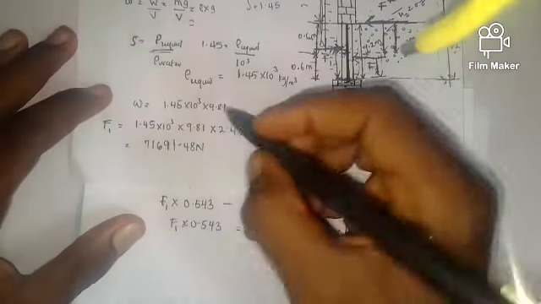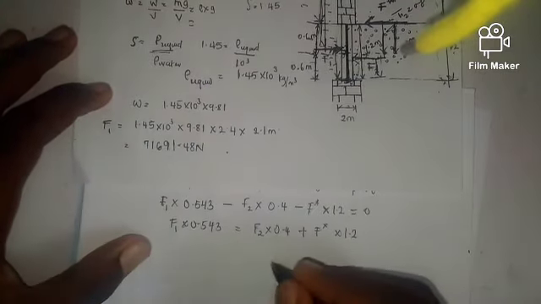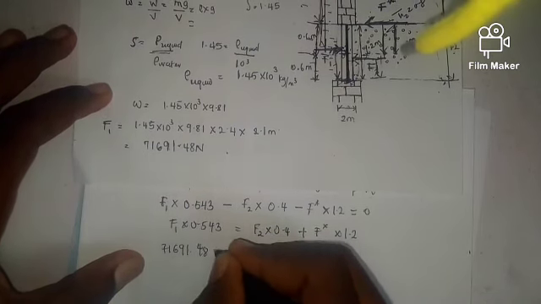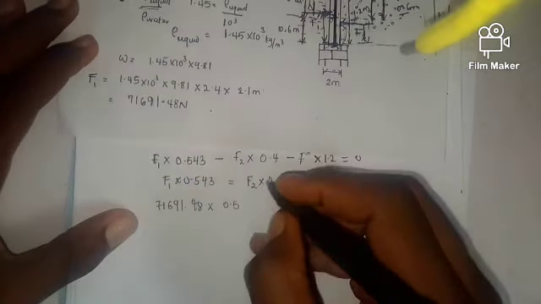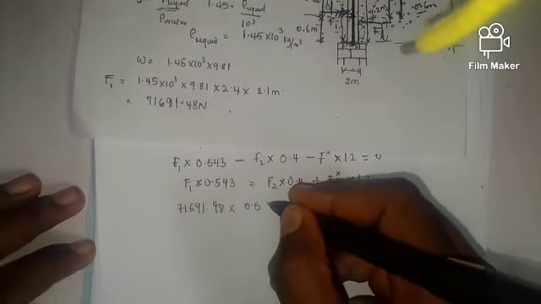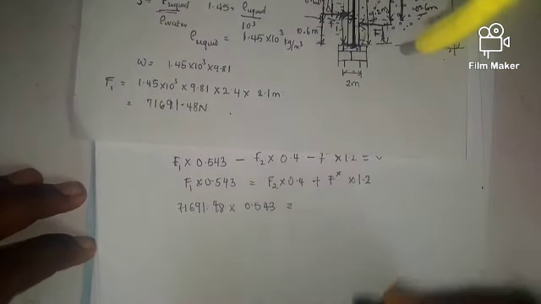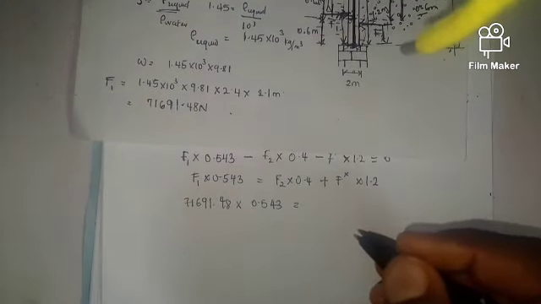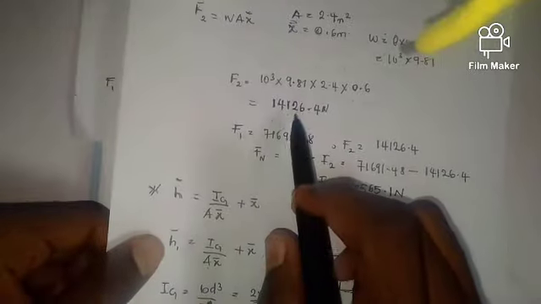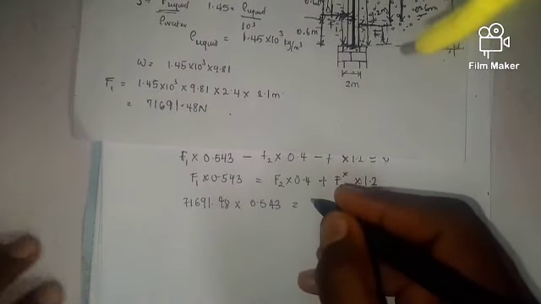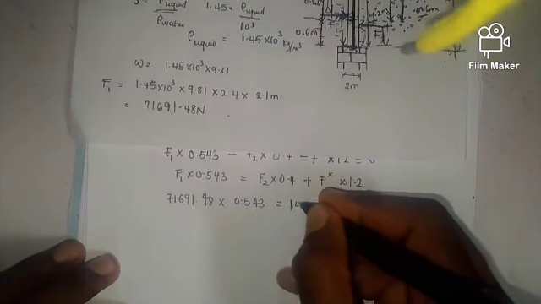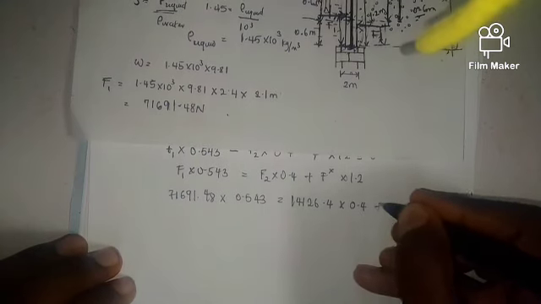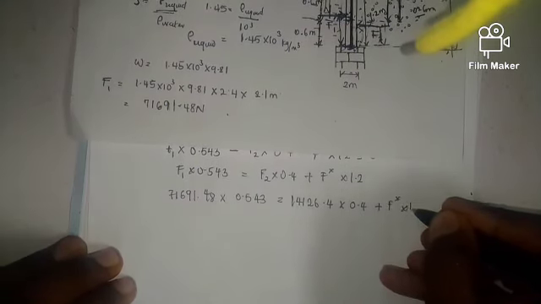Now we know that my F1 is 71691.48, times 0.543, is equal to F2. We calculated F2 as 14126.4, times 0.4, plus my F star times 1.2.